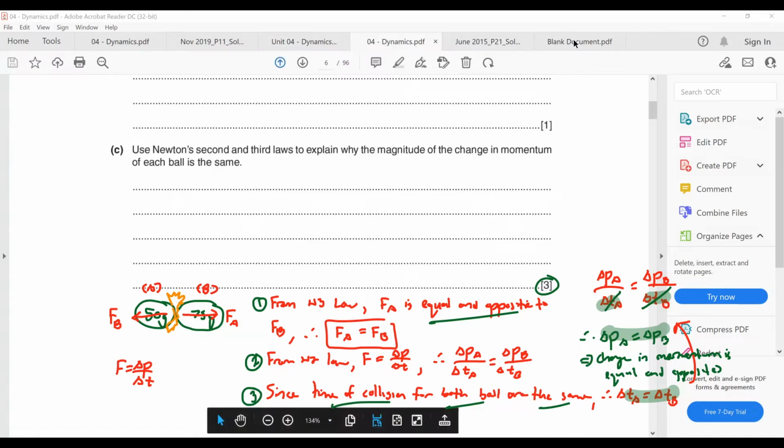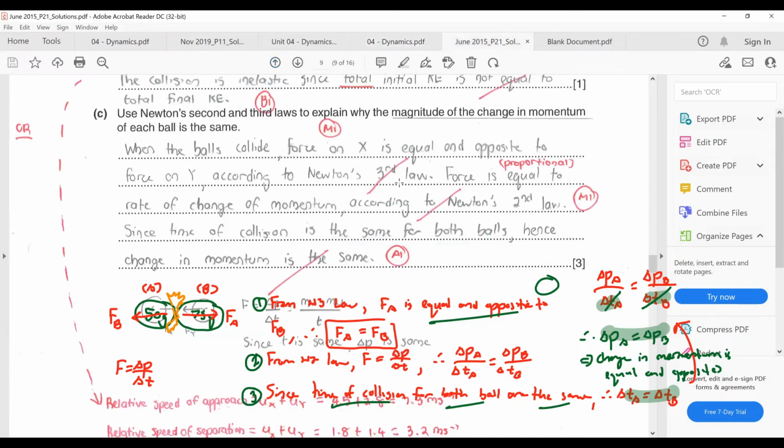The answer that they write in the marking scheme is something like this. When the balls collide, it's actually the same thing. I'll just highlight it for you. They say here when the balls collide, force on X is equal and opposite to force on Y, according to Newton's third law. Force is equal to rate of change of momentum according to Newton's second law.